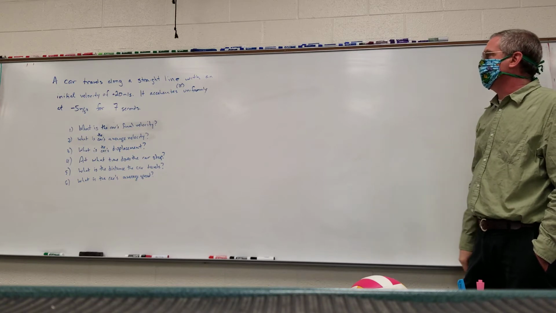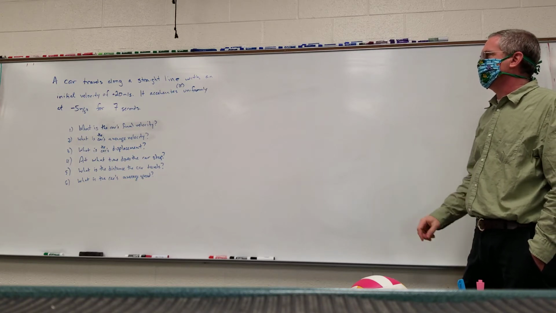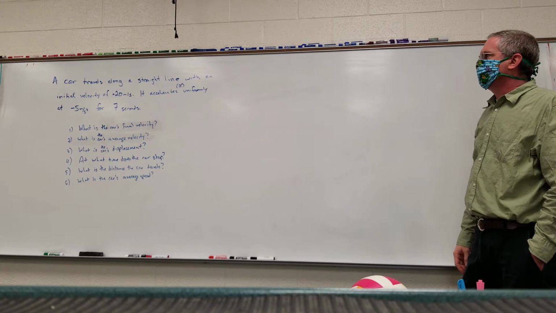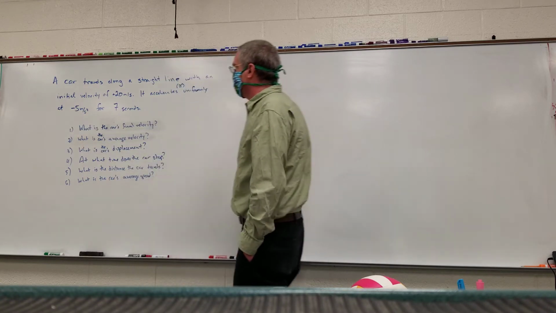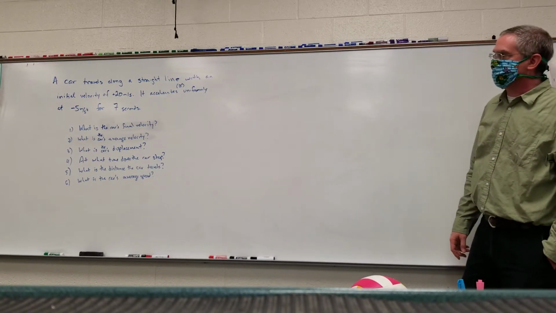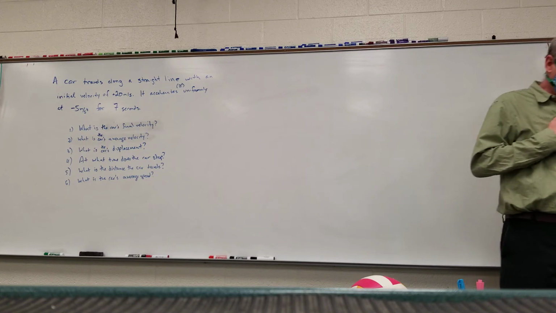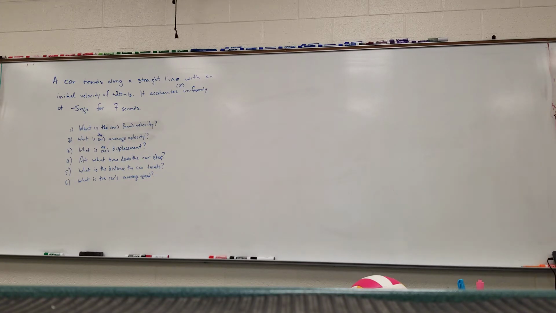Actually, I'm going to amend that. It actually could be. Scalar acceleration could be negative. All right, so it's the vector acceleration, negative 5 meters per second squared. And the problem takes 7 seconds. And then we have a series of questions.